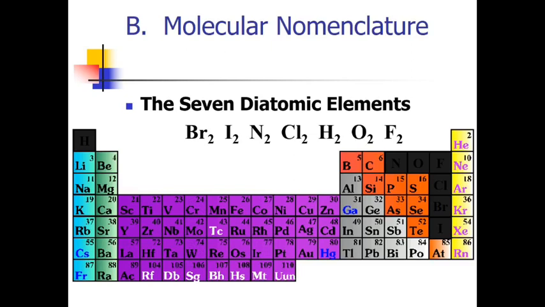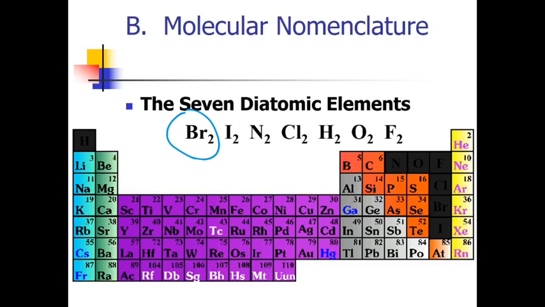And these are a little different because if I were to ask you, what is the name for Br2? You're probably thinking, the most common answer I hear is dibromide. I also hear bromide, dibromine.